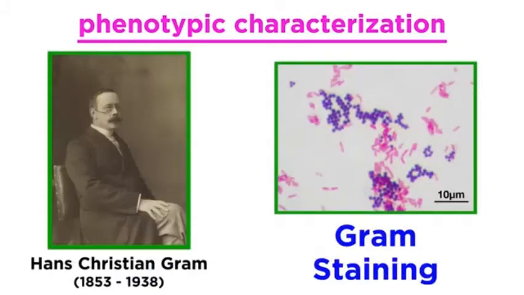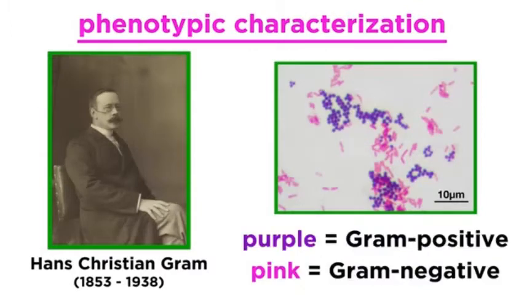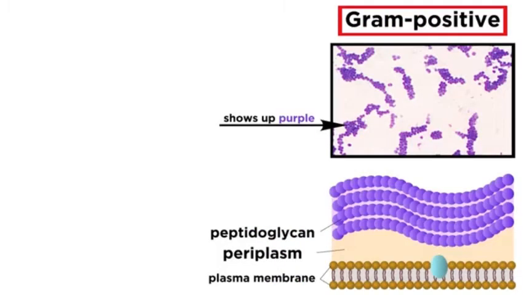For example, using Gram staining, a method developed by Hans Christian Gram in 1884, we can determine if bacteria are gram-positive or gram-negative, and thus how much peptidoglycan their cell wall contains. Gram-positive organisms have a thick peptidoglycan wall, retaining lots of crystal violet stain when using this method, and thus appearing a vivid blue under a microscope.